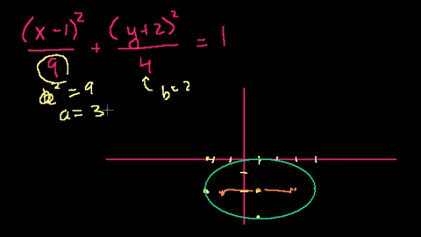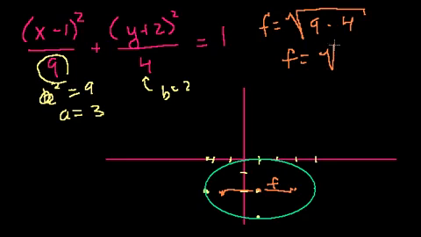Well, we just showed to you, or hopefully I showed to you, that the focal length, or this distance f, is just equal to the square root of the difference between these two numbers, right? So it's the square root of 9 minus 4. So the focal length is equal to the square root of 5. The center of the ellipse is the point 1 comma minus 2.